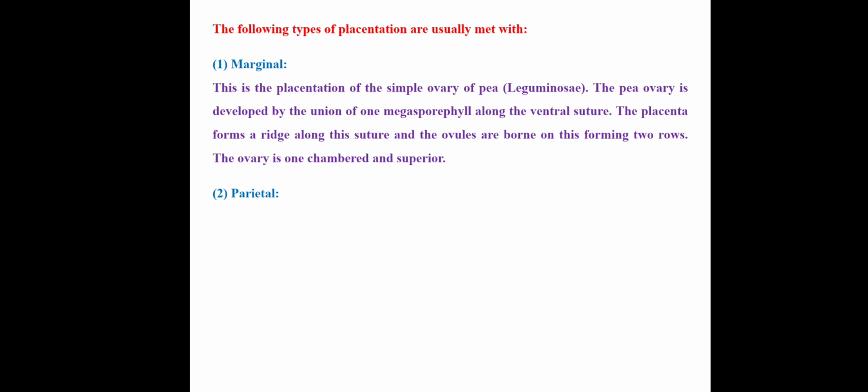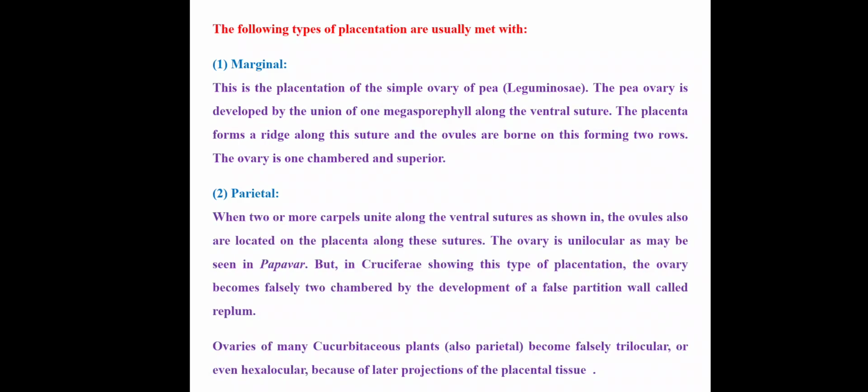Second one is parietal. When two or more carpels unite along the ventral sutures as shown in the figure, the ovules also are located on the placenta along these sutures.